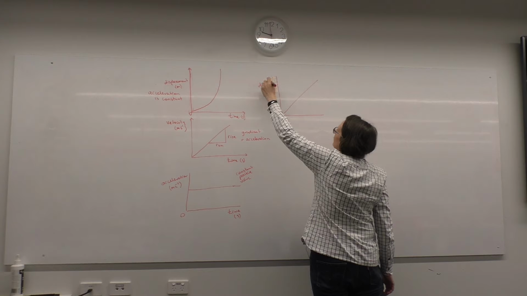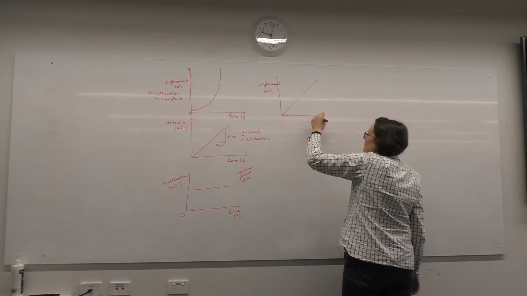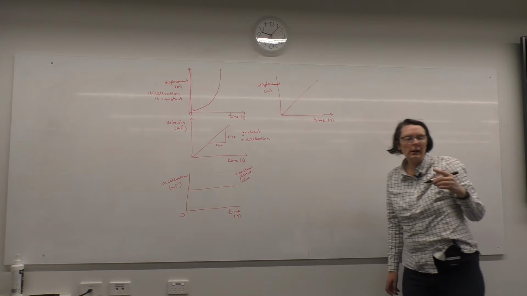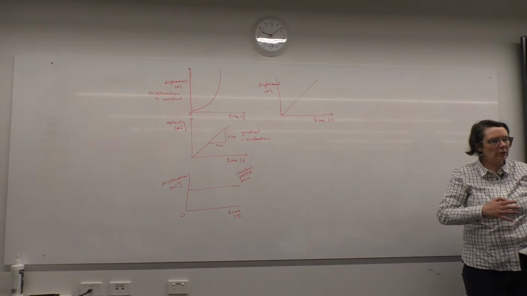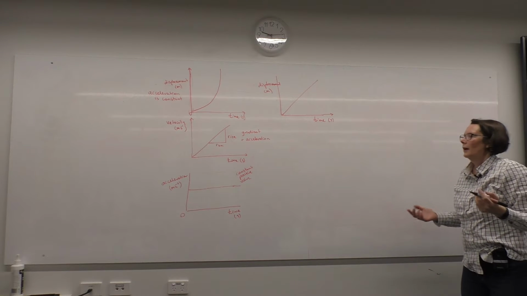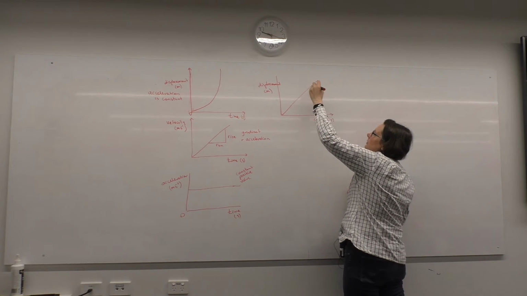this was our second example for an object that was moving with constant velocity. Remember, it's moving with constant velocity.